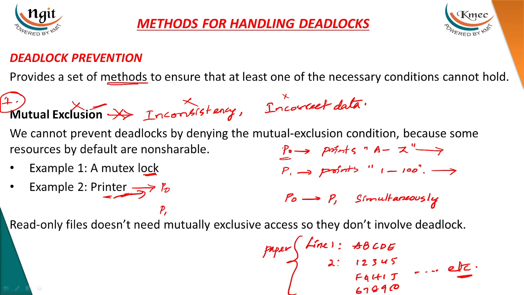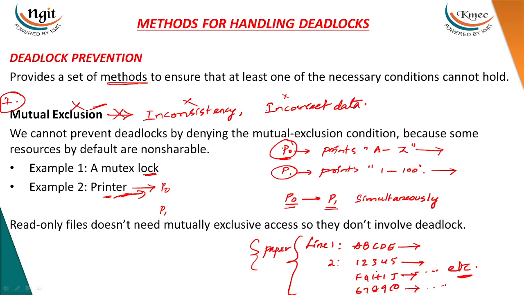The printer has to be taken by P0 first, which prints the entire data, and then P1 prints. Otherwise, if you try to print P0 and P1 simultaneously, then on the paper, line 1 may contain ABCD, line 2 contains 1 2 3 4 5, line 3 contains FGHIJ, line 4 contains 6 7 8 9, and so on.